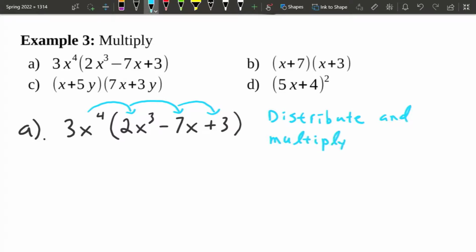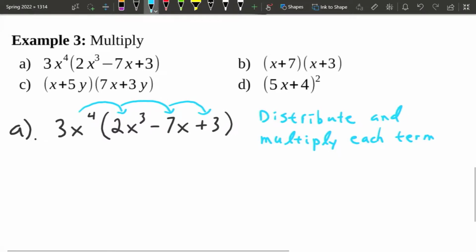Now something to keep in mind when you multiply terms together is when they have the same variables, then you're going to add together the exponents. So when I do this with the x's, the powers are going to add together.